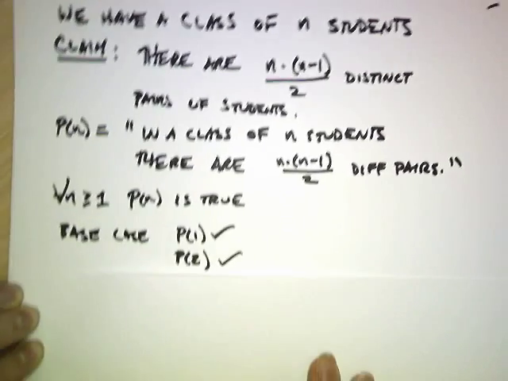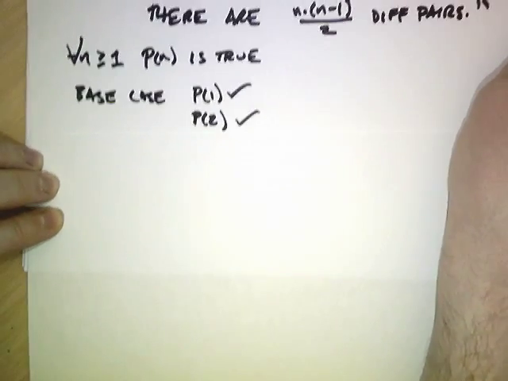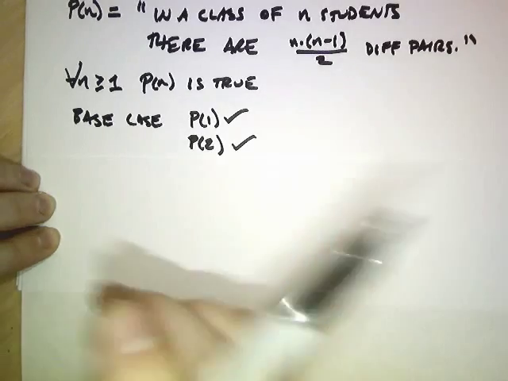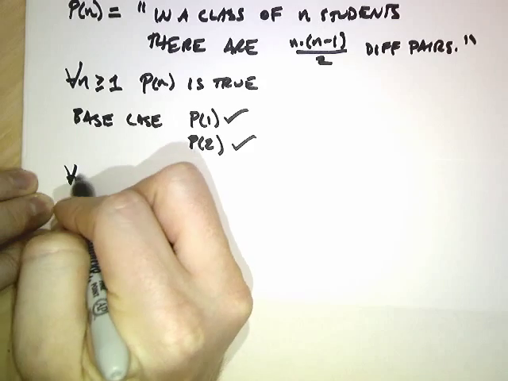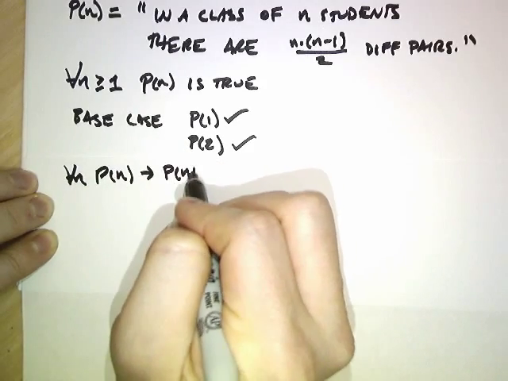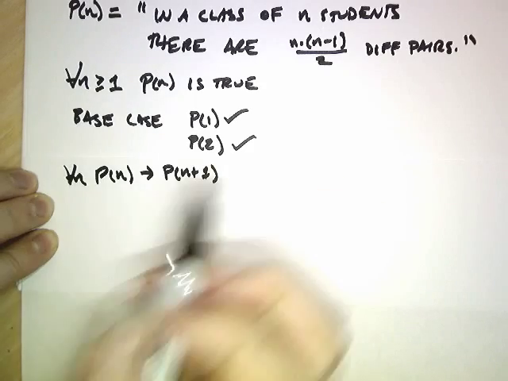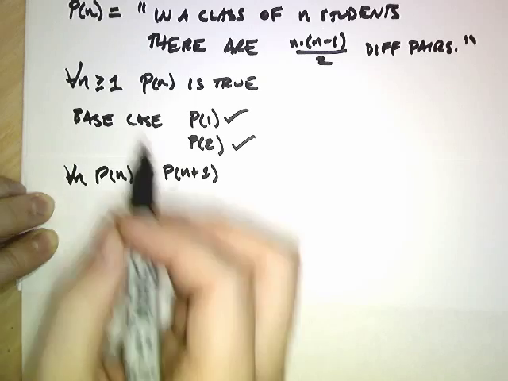Okay, now I'm going to carry out the inductive step. So we want to prove that for all n, P of n implies P of n plus 1. So we can assume that P of n is true, and we need to prove that P of n plus 1 is true.